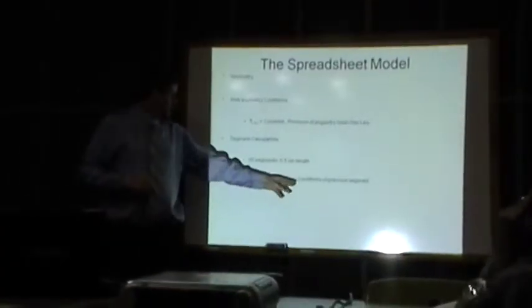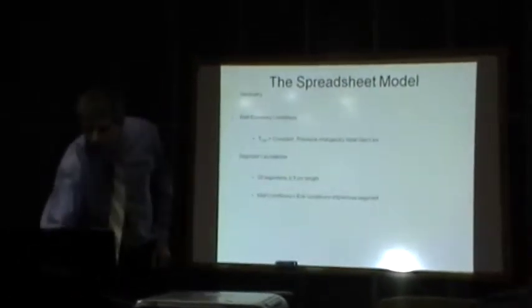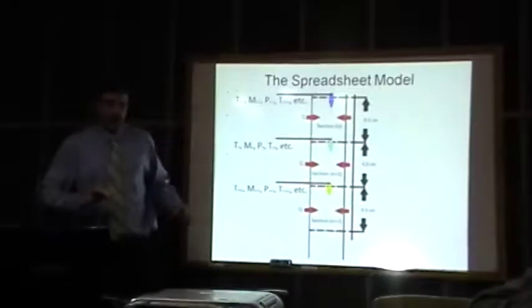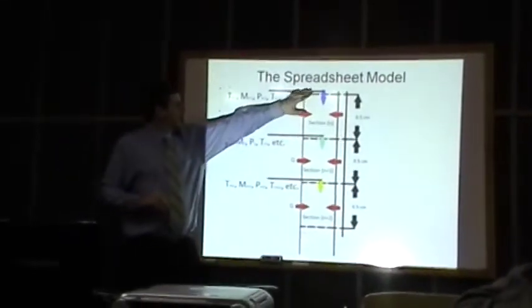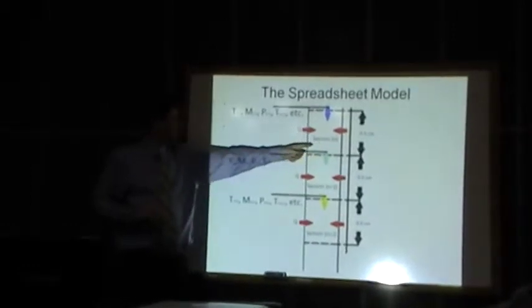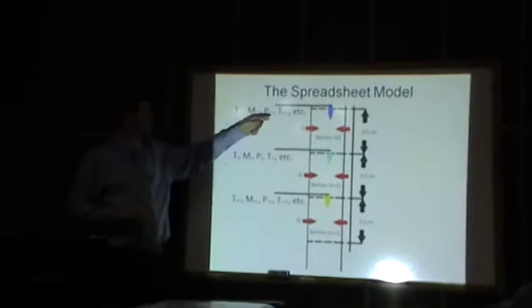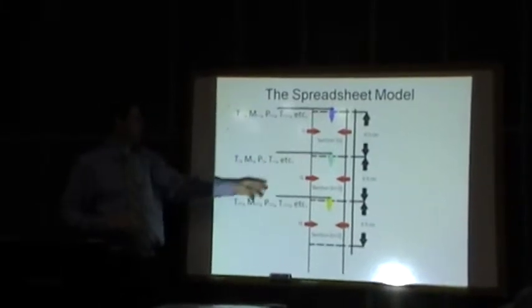Now, the exit conditions for one section became the inlet conditions for the next section, which I hope this graph will illustrate further. If we have cold CO2 coming into the first section, a certain amount of heat is transferred. We have a static temperature, Mach number, pressure, and so on.